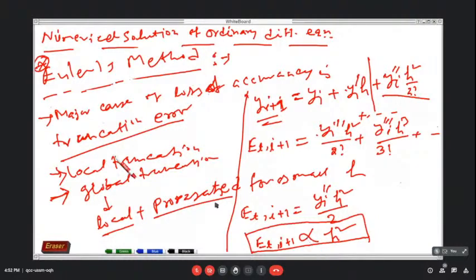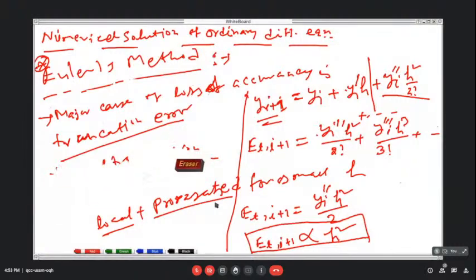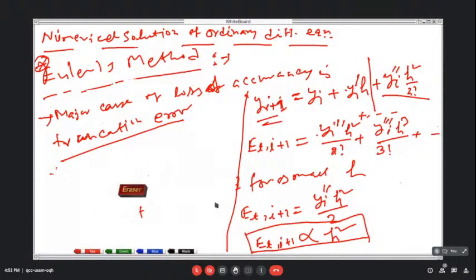So let's say in a calculation n steps have been taken, because this error will be propagated to the next step, and all the errors will be summed up to get the final error.